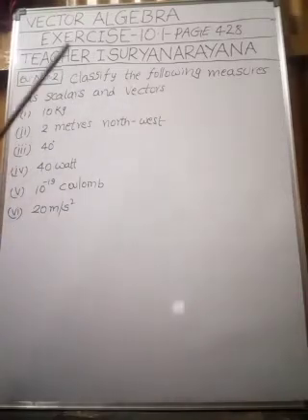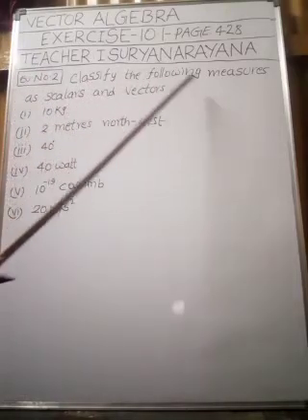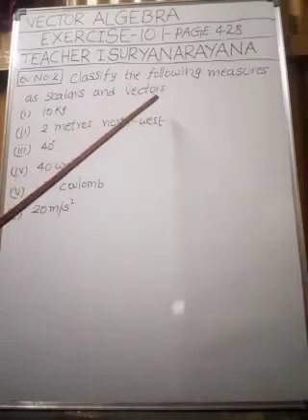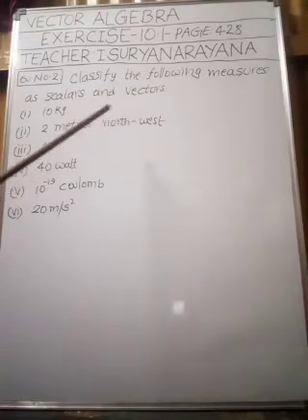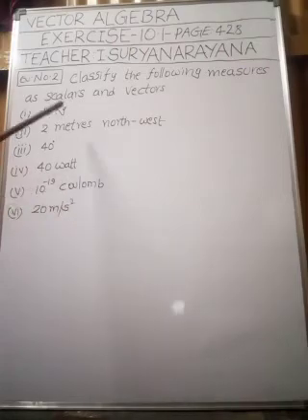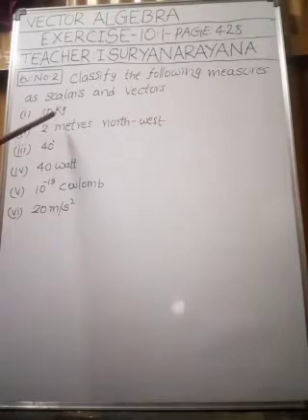Now come to question number 2. Classify the following measures as scalars and vectors. Okay, my children, here some measurements are given. By observing the measurements, we have to classify them as scalars and vectors. See the first one here, 10 kgs.